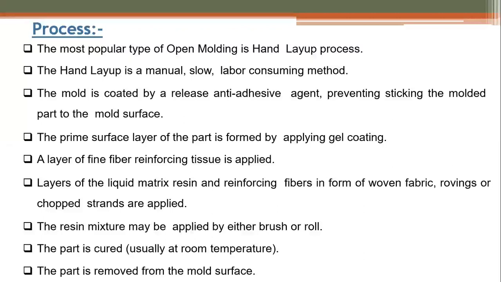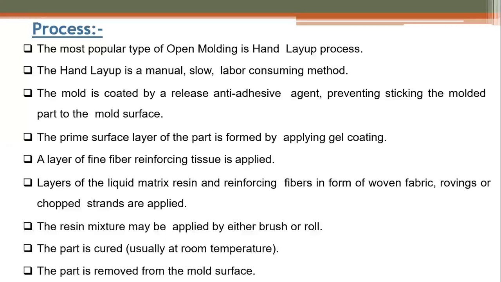Manual labor is consumed in this process. Generally, the mold surface layer of the part is prepared by gel coating. This gel coating acts as an intermediate layer between the mold and the resin part.